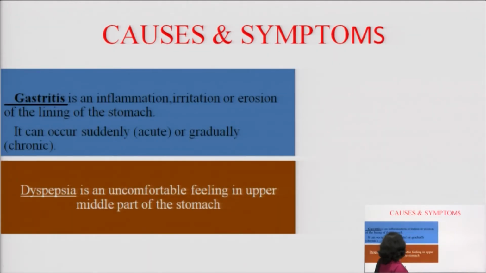Now, this is gastritis. What is gastritis? Gastritis is an inflammation, irritation or erosion of the lining of the stomach. It can occur suddenly, but after some time, if you do not take care, your symptoms will lead to a chronic condition.